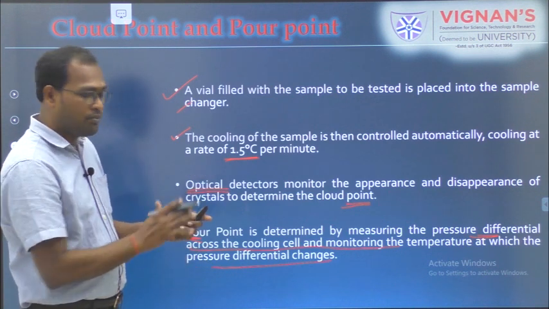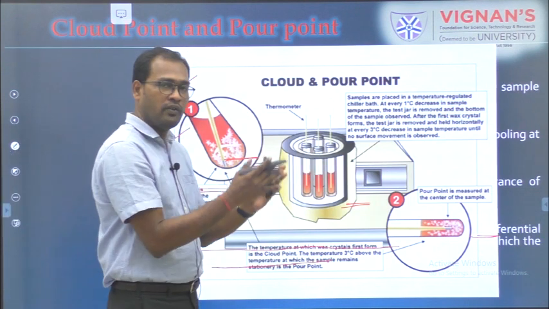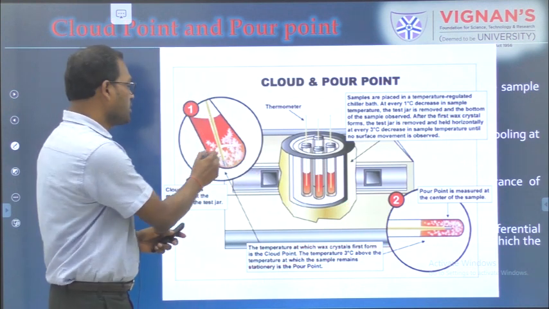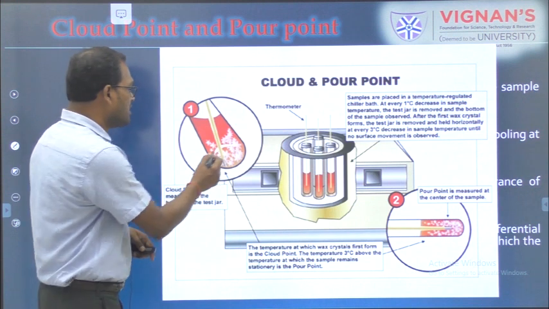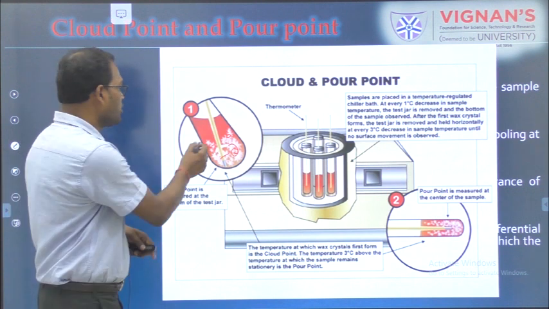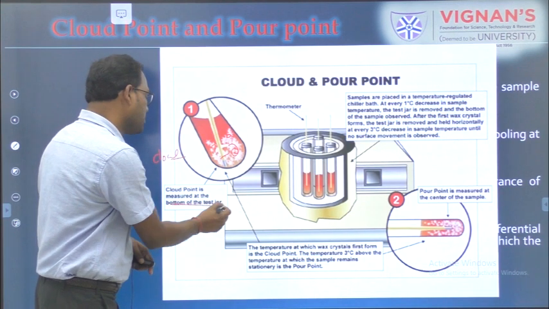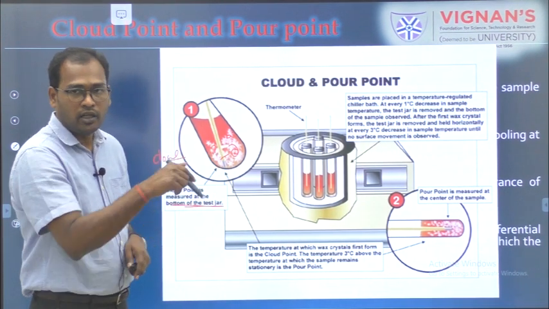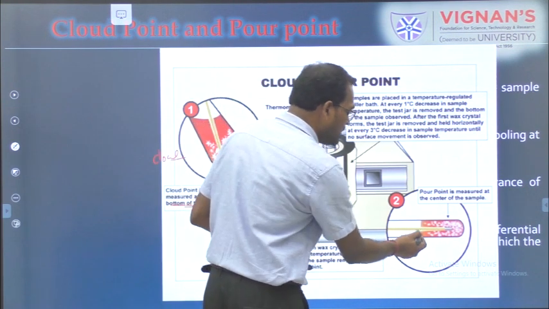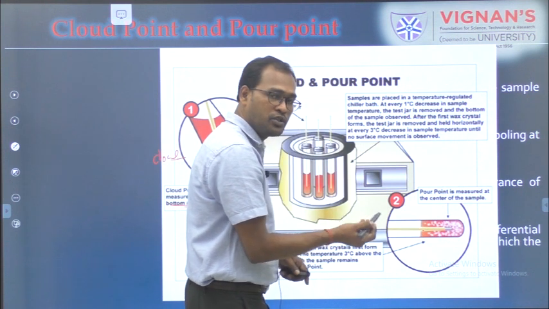So I will show you a representation of how it is done. You can see it here. This is your apparatus. You fill your vials with the respective oil. At one point, this is your cloud point. You can see here the formation of crystals once the temperature is lowered, and this is your cloud point. Cloud point is measured at the bottom of the jar in order to get the right temperature, whereas here, which is the pour point, you can see there is no flow of the oil when the test tube is tilted.